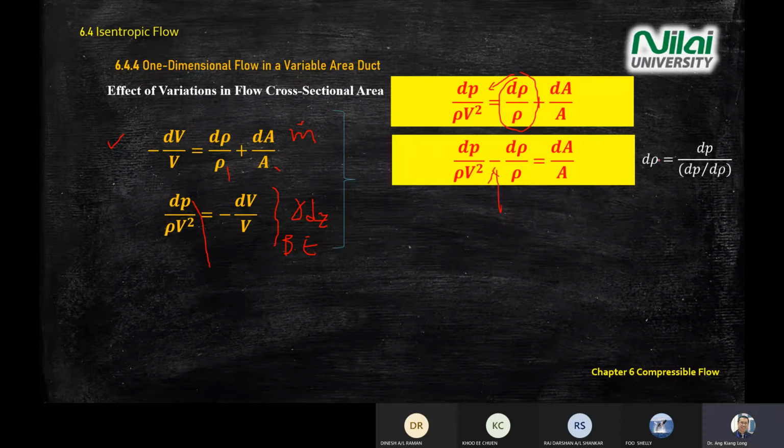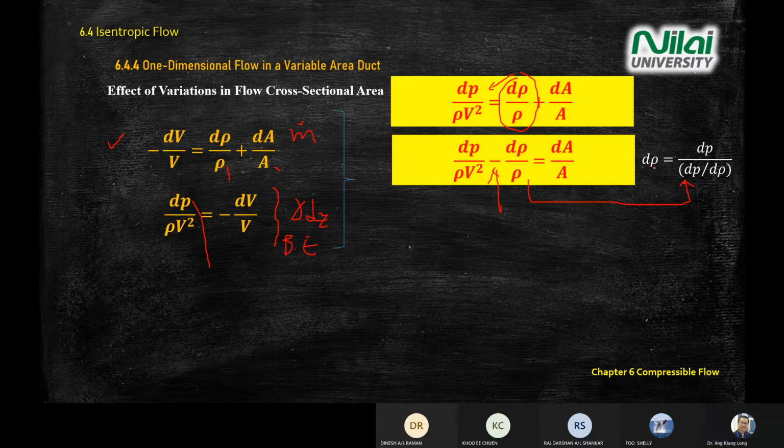Okay. So just a side note. We want to keep the equation in terms of pressure. So how do we rewrite the equation if you want to keep it in terms of pressure?